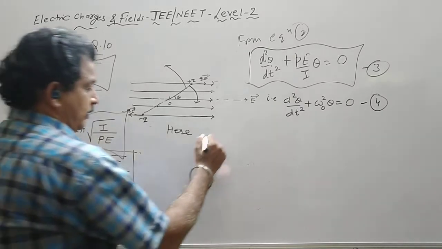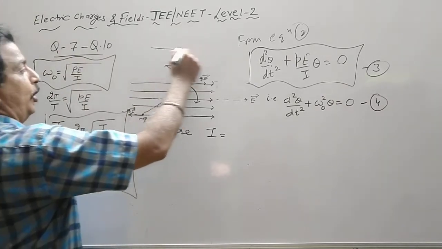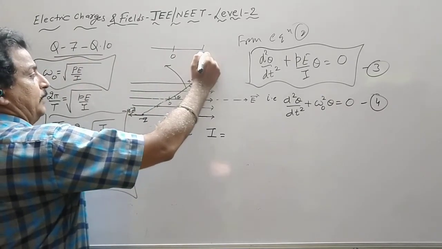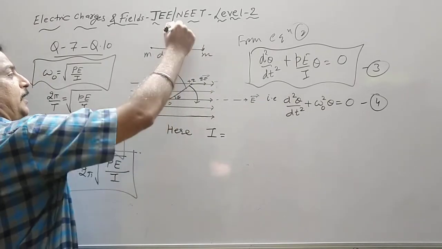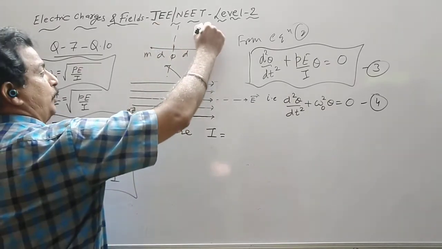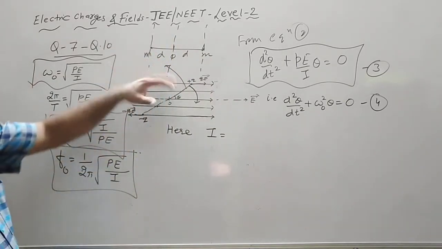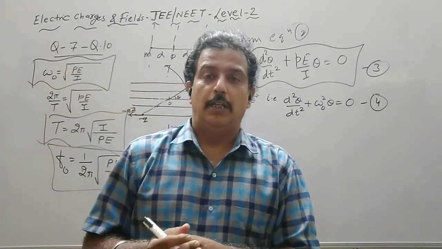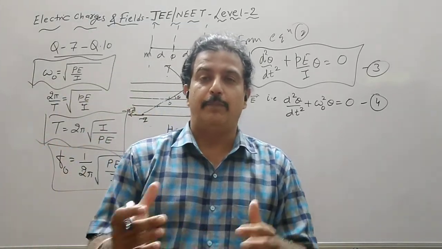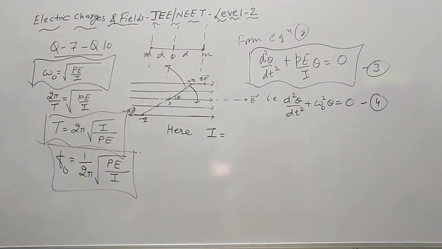Now, moment of inertia. If you remember, if we have a rod having mass on both ends, and this is a distance d, this is the axis of rotation, then we applied the theorems. We had two theorems, the parallel axis theorem and the perpendicular axis theorem.